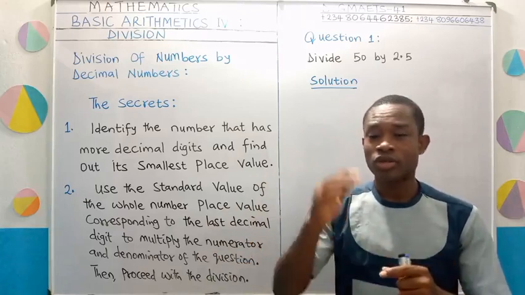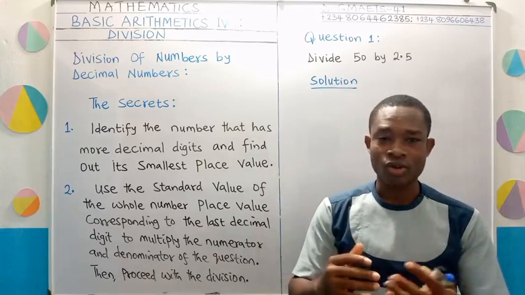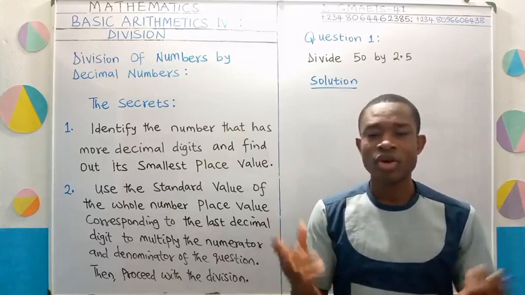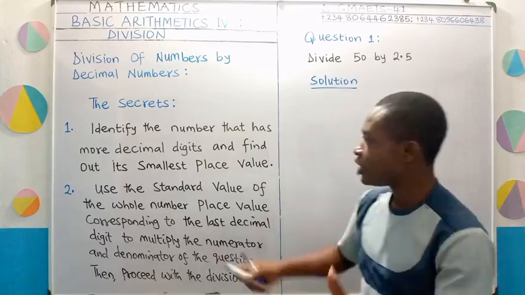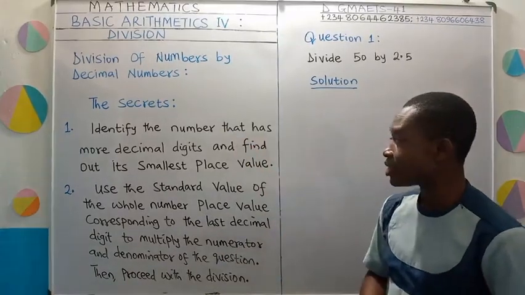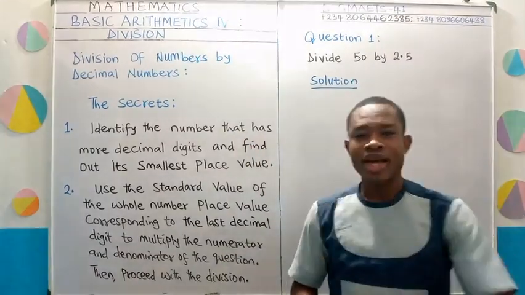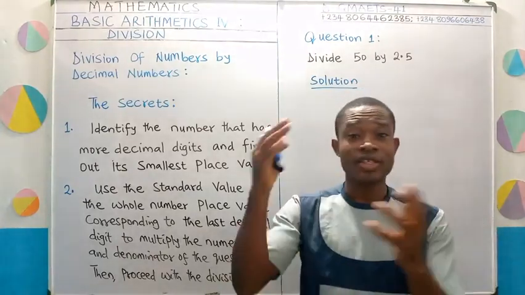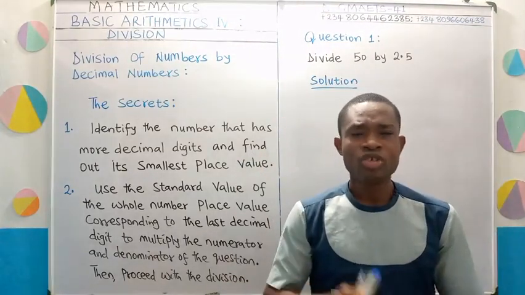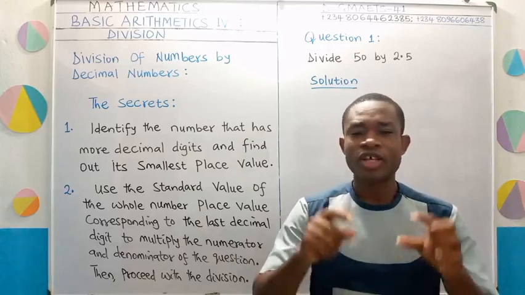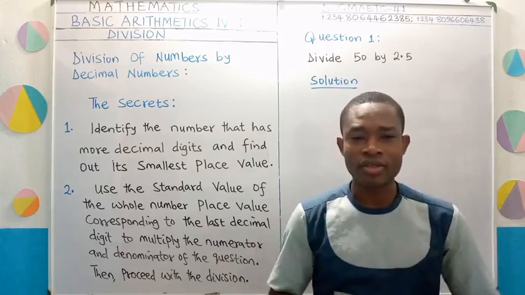So what you do is to check the numerator and the denominator, which one has more decimal digits. You have to identify that number. And of course, once you get that number, whether it is the numerator or the denominator, you need to check what the place value of the last decimal digit in that number is.